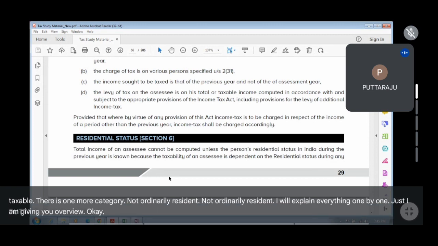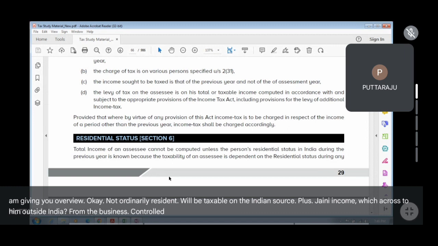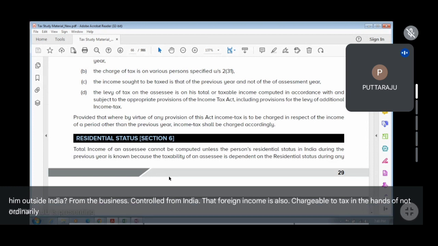Not ordinarily resident will be taxable on the Indian source plus any income which accrues to him outside India from a business controlled from India. That foreign income is also chargeable to tax in the hands of a not ordinarily resident. These three categories are there only for individuals and HUF.